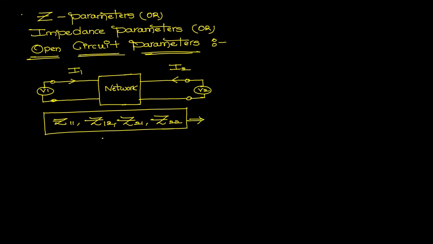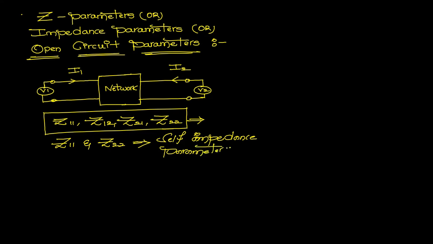Out of these 4, Z11 and Z22 are called self impedance parameters, because Z11 is connected to only port 1, and Z22 is connected to only port 2.